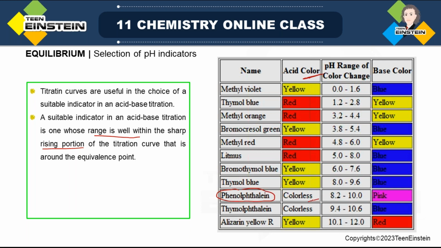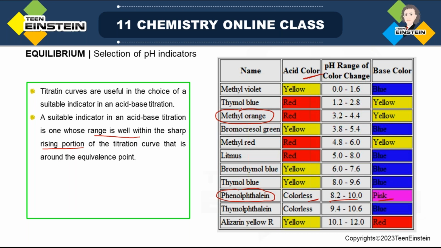Phenolphthalein, which is colorless in acidic medium, pink in basic medium, and its corresponding pH range for color change is 8 to 10. Then we have also seen methyl orange, which is showing red color in acidic medium, yellow in basic medium, and its range is 3 to 4, right?